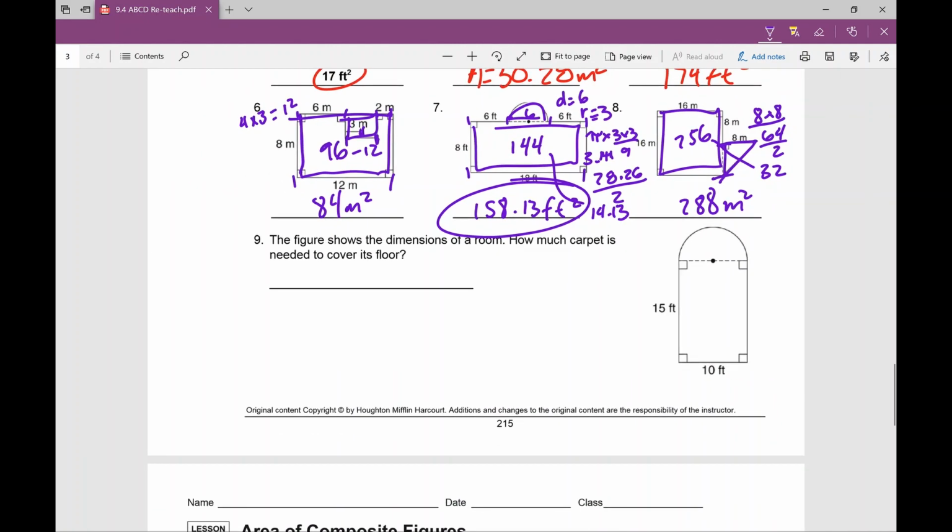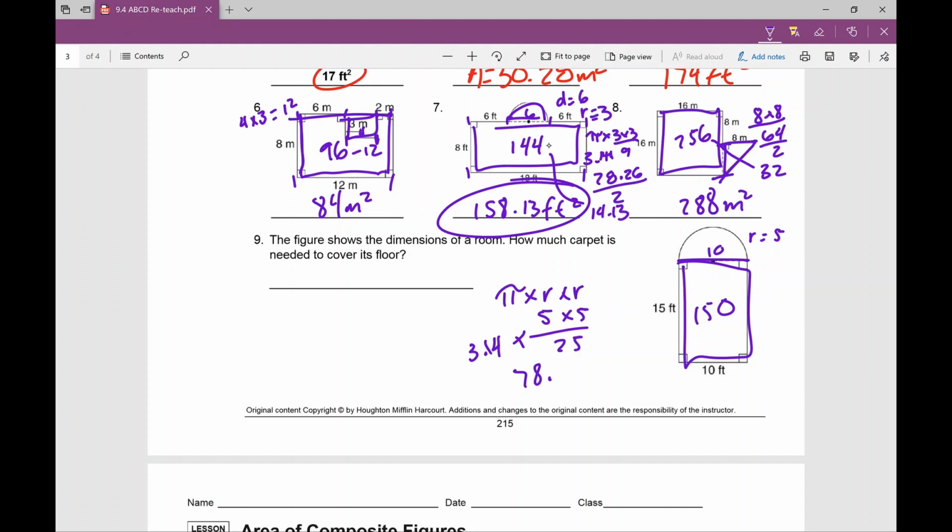Next one, another semicircle. The rectangle is 10 by 15, that's 150. The diameter is 10, so my radius is 5. Pi times radius, 5 times 5, this is 25 times 3.14. 3.14 times 25 gives me 78.5.